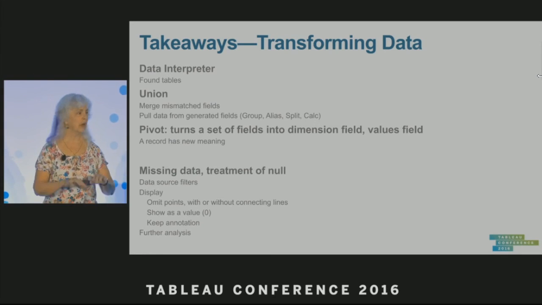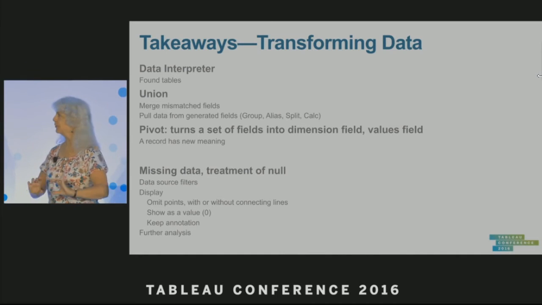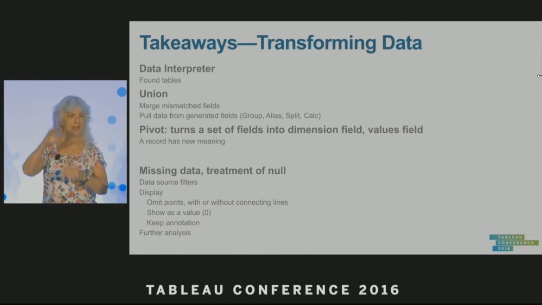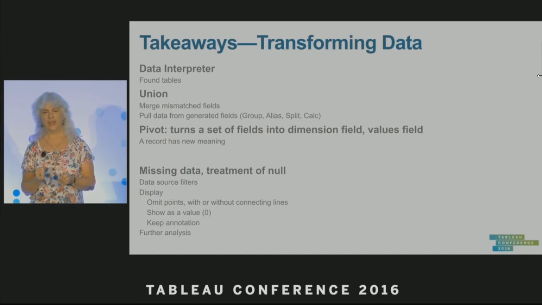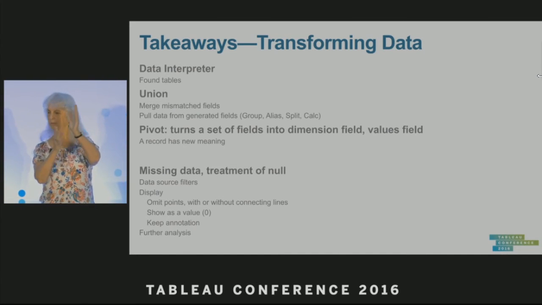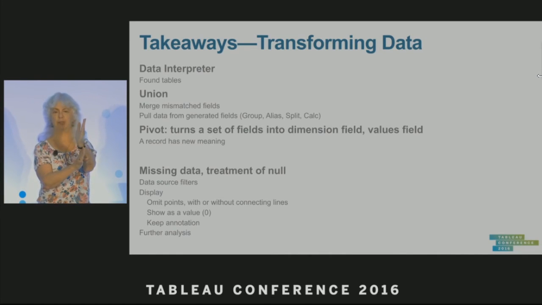Data Interpreter got rid of a lot of mess around your data and also found the subordinate tables. Union was able to paste those subordinate tables together, and when it found some fields with mismatched names, merge mismatched fields is the solution to that, to turn them all into a single field.